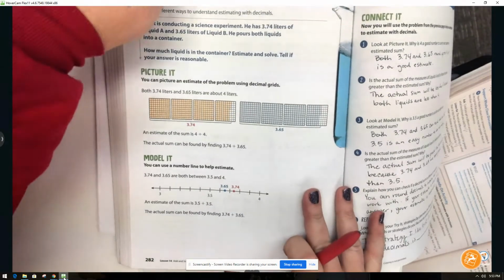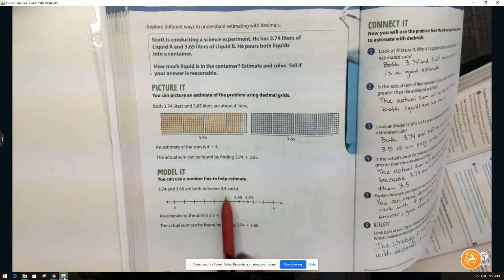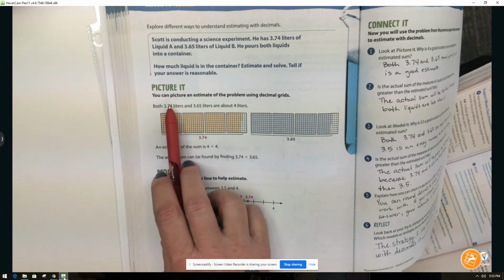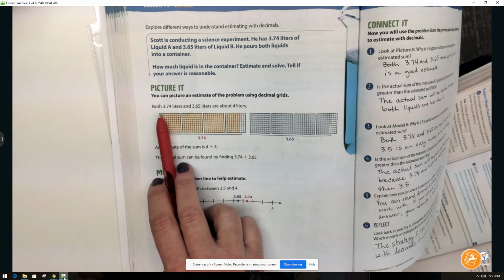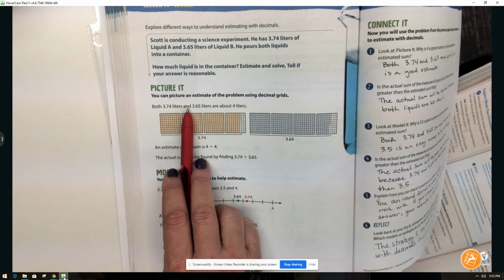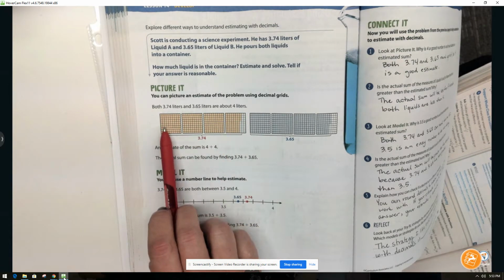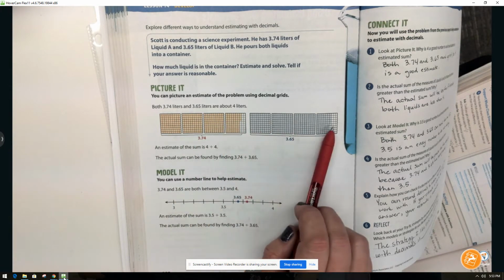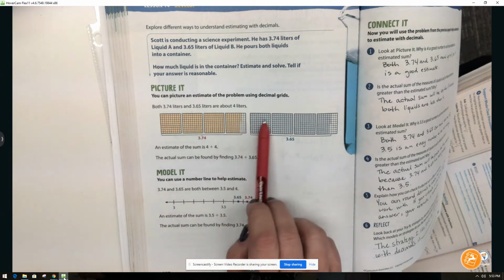Now, here are 2 other ways that you could look at this problem, one using decimal grids and one using a number line. You can picture an estimate of the problem using decimal grids. Both 3.74 liters and 3.65 liters are about 4 liters, because when you color them both in, they both are about 4 wholes.